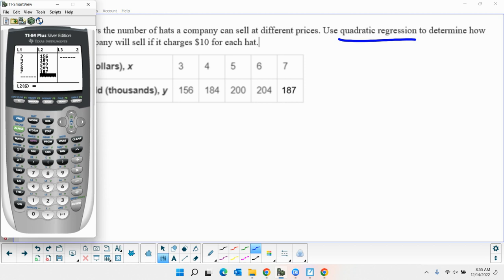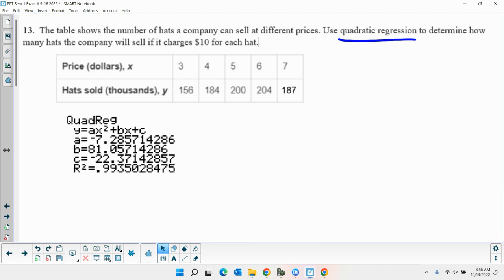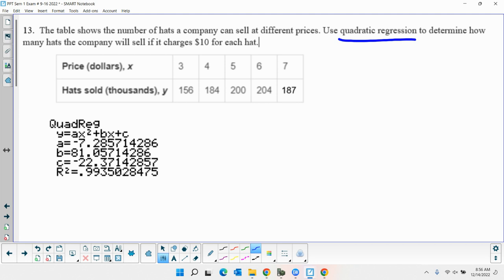All right, so I got them in there. In my lists. Go back to stat, move over to calc. Now we're doing a quad reg, number 5. You might have to hit calculate on yours. We got ax squared plus bx plus c. That's our normal quadratic standard form, right? So let's pull these out so we can look at them. Now I'm going to write my equation from looking at that.